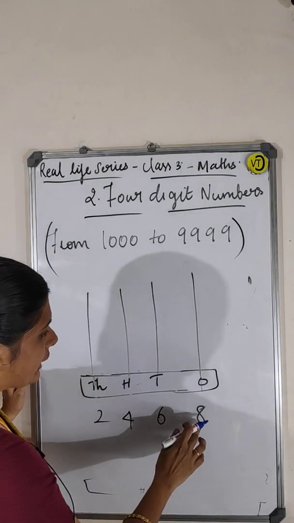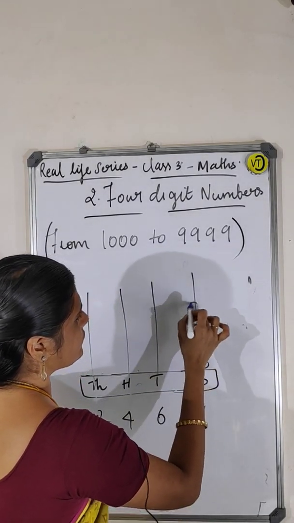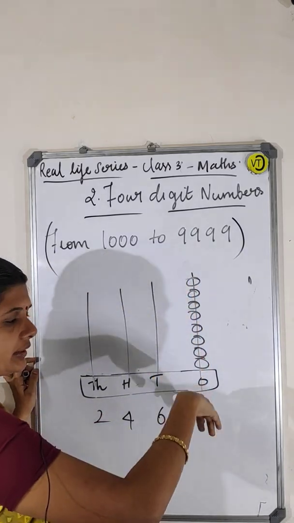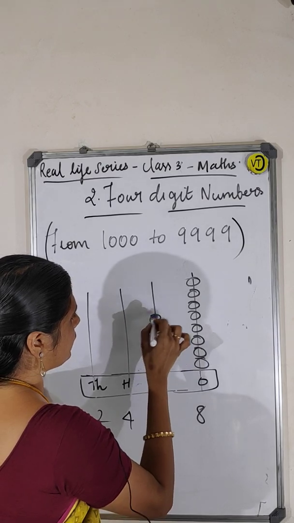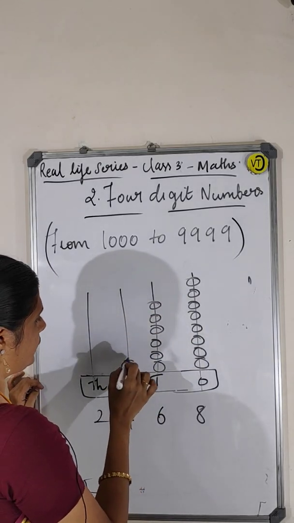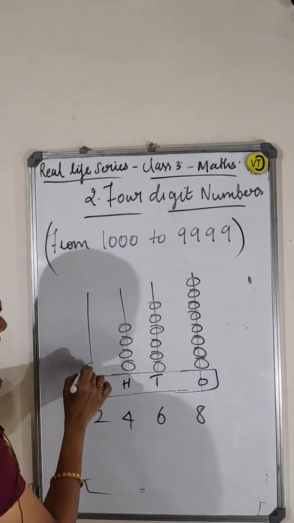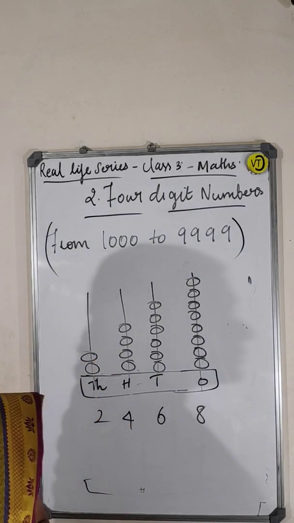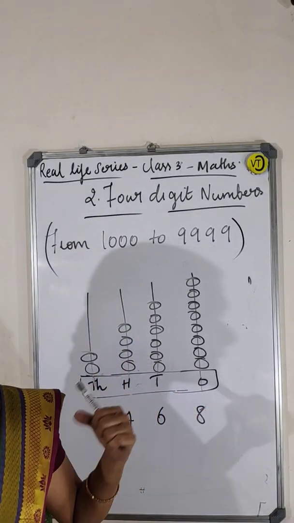In sense, 8 ones will be there. 1, 2, 3, 4, 5, 6, 7, 8 beads I kept in that rod. 6 in tens. 1, 2, 3, 4, 5, 6. In 4, here 1, 2, 3, 4. The 4 will be hundreds. Then thousands place only 2. Okay. This way I can represent the numbers in the abacus.